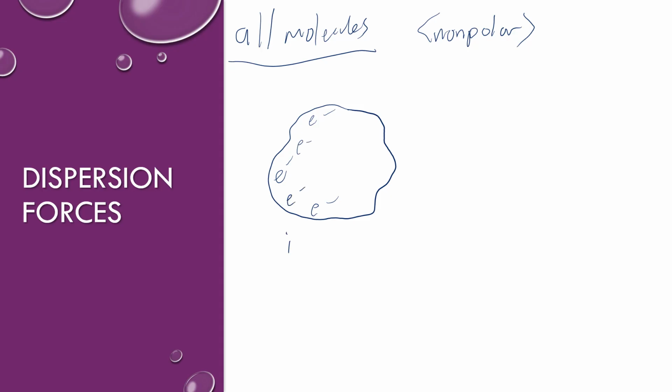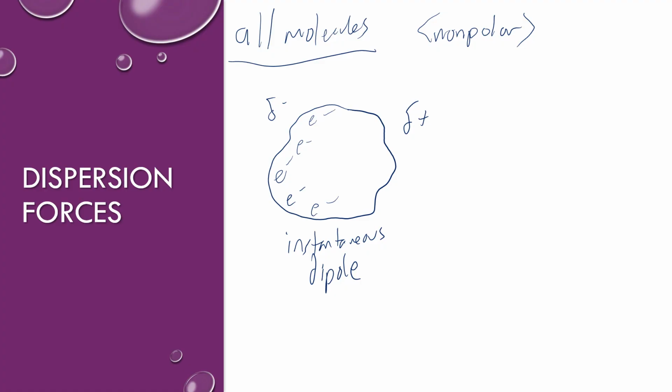And this is called an instantaneous dipole moment. So it becomes a little bit polar, so slightly negative, and this side becomes slightly positive as a result. But it is instantaneous, and it just randomly happens. And just as randomly, the electrons would move back, and it wouldn't be polar anymore, right?